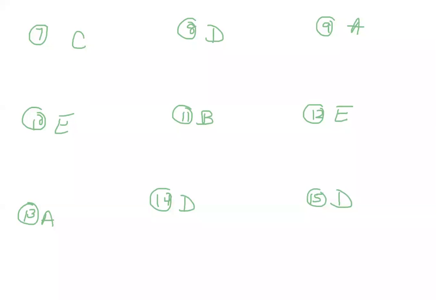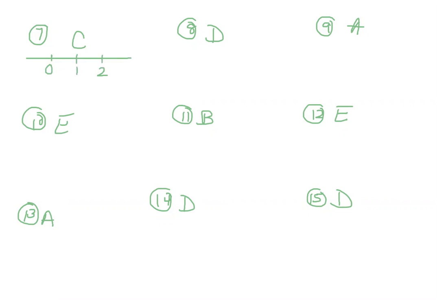So number 7. Here we've got a piecewise function. For what value of x is f not continuous? So we've got to look at all of them. We've got this number line at 0, 1, and 2.